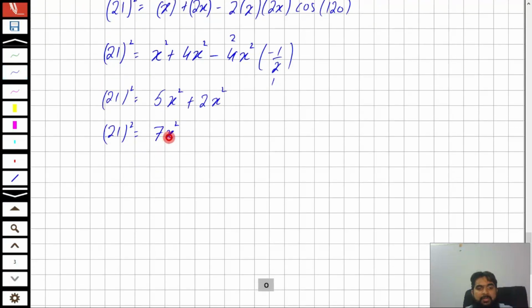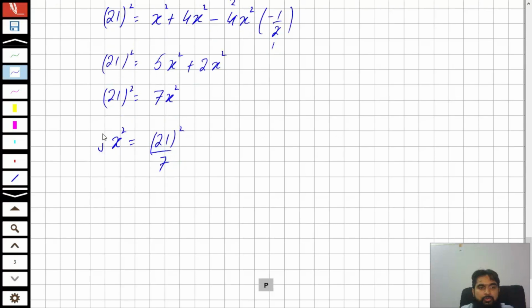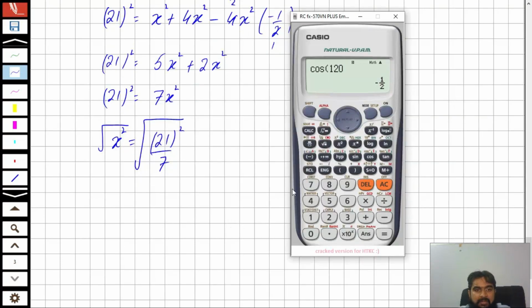Now 7 is multiplying here, on the other side it will divide. So 21 square divided by 7. Now because we have to find the value of x, we will take the square root on both sides. Now let's find it.